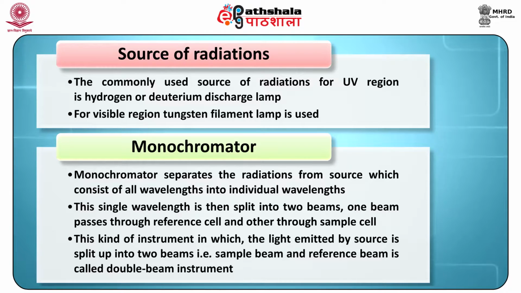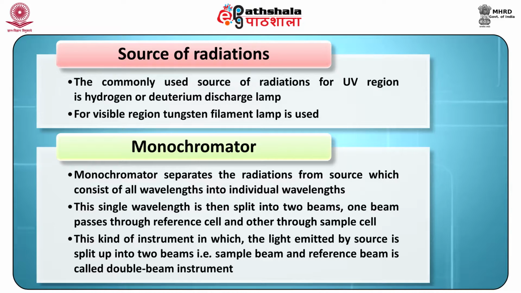First, the source of radiations. The commonly used source of radiations for the UV region is a hydrogen or deuterium discharge lamp. For the visible region, a tungsten filament lamp is used. Monochromator. The monochromator separates the radiation from the source, which consists of all wavelengths, into individual wavelengths.